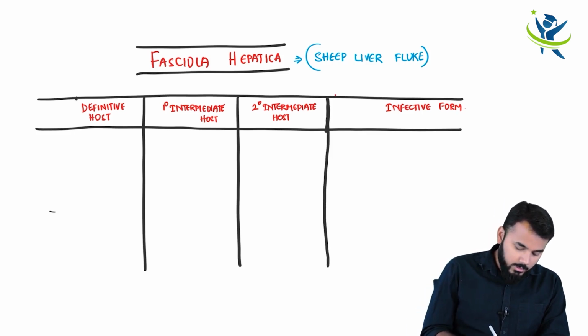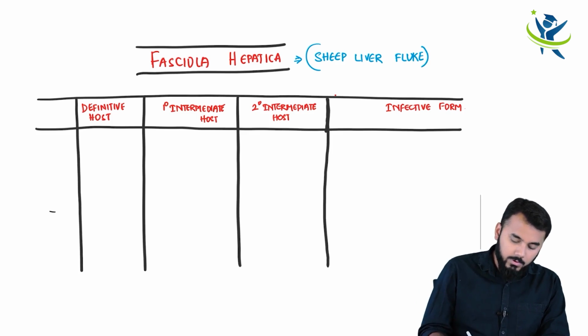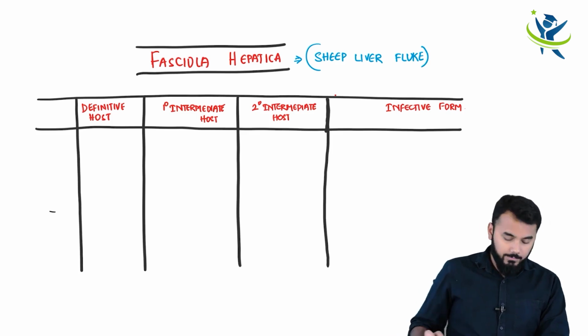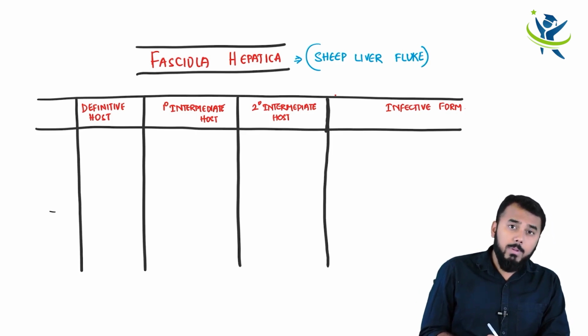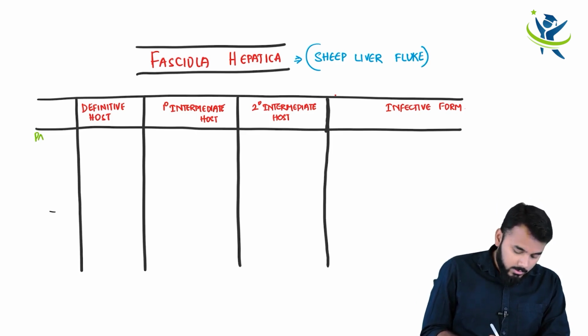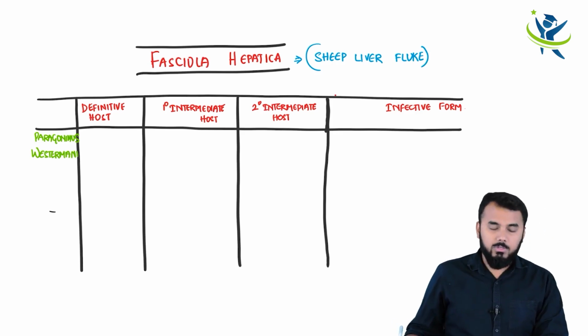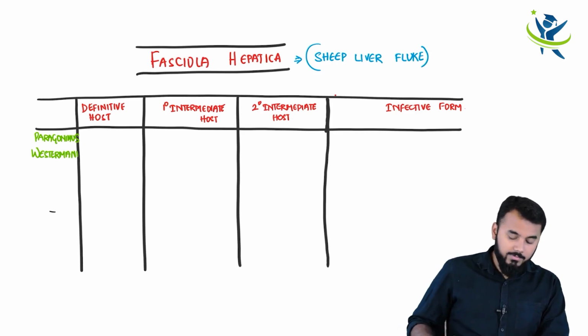Right. So before discussing the definitive host, the first thing we have to discuss is the pathogen. The first pathogen which comes to your mind, as we have discussed in the first lecture, would be Paragonimus westermani, right? So now tell me guys, what will be the definitive host?